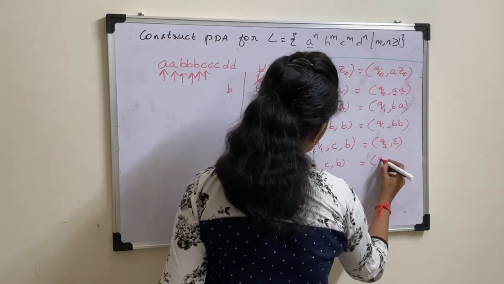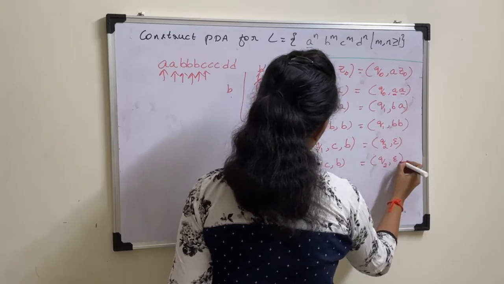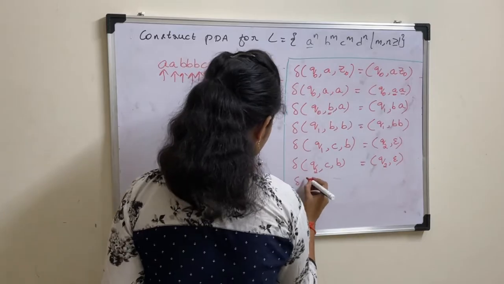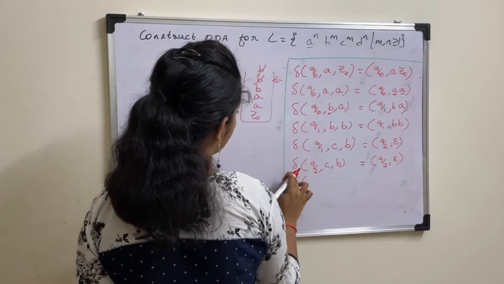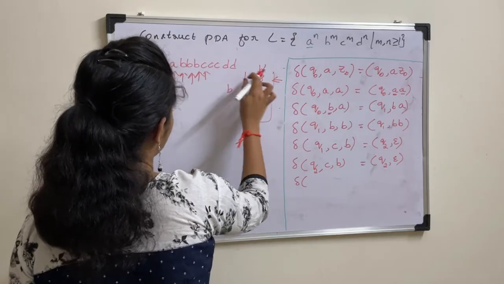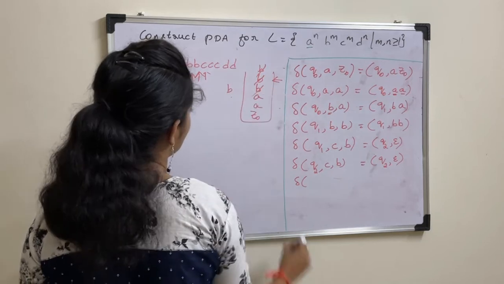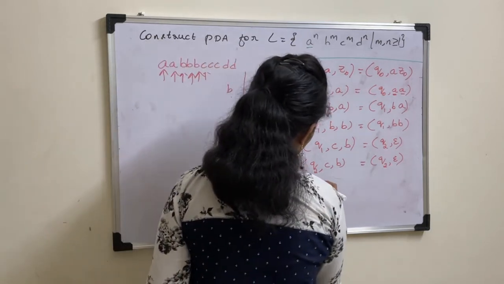So that is Q2, epsilon. This is again the same for any number of B's. Here the number of B's and the number of C's are the same, so this will be the same for the remaining also.